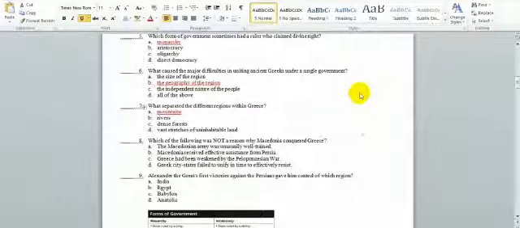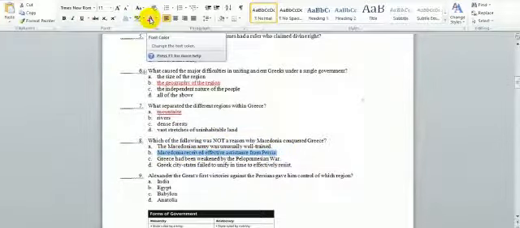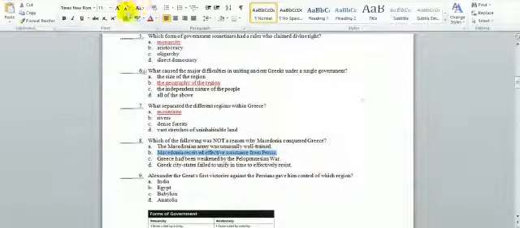Greek city-states failed to unify in time to effectively resist. And the right answer is B. Macedonia received effective assistance from Persia, and that wasn't a reason why Macedonia conquered Greece.